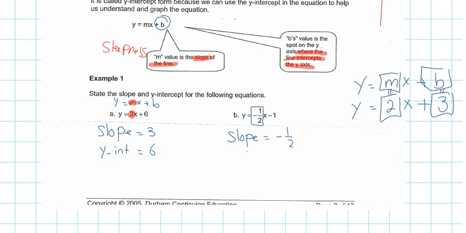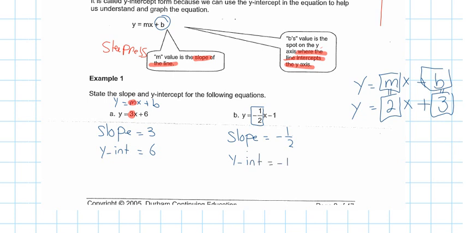How about your y-intercept? What's your y-intercept? -1. You see how it's supposed to be a plus, right? But because in this case it's a minus, I have to state it with my y-intercept. So that means my y-intercept is equal to -1. Okay?